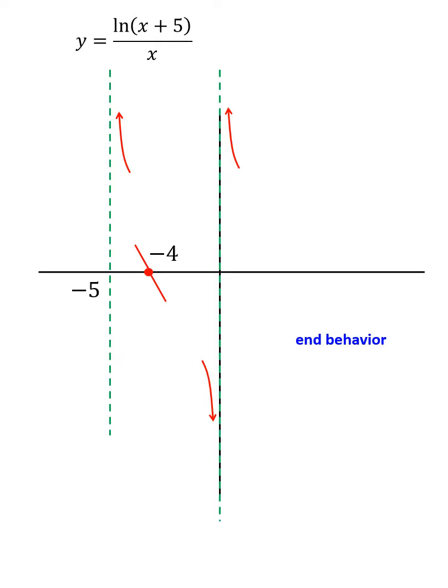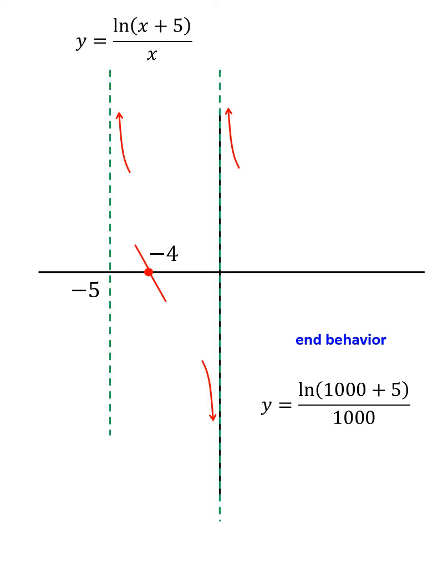Let's move on to the right end behavior. To get a sense of the right end behavior, I'm going to plug in positive 1,000 for x. And remember, there's nothing special about the number 1,000, other than the fact that it gives us a good sense of what happens to this function as x is getting bigger and bigger and bigger, i.e. as x approaches infinity. Now, if you look at this fraction here, we've got the natural log of 1,005 over 1,000.